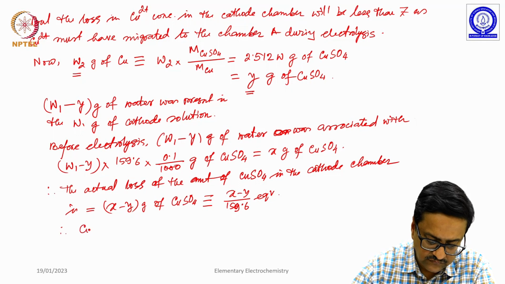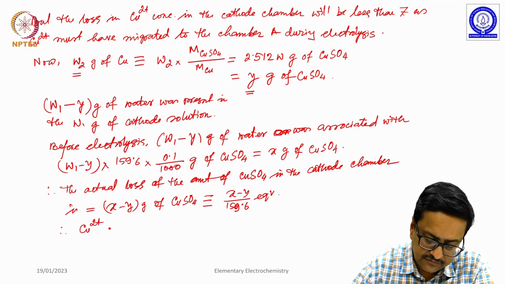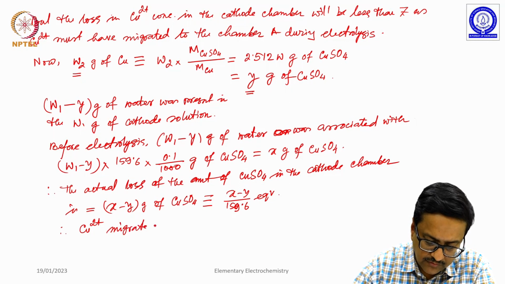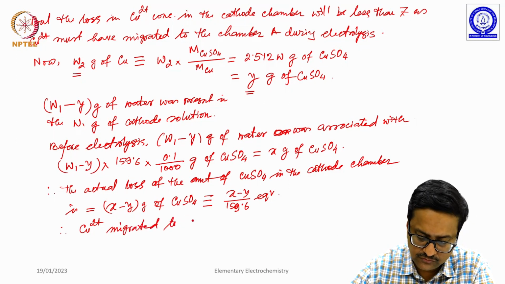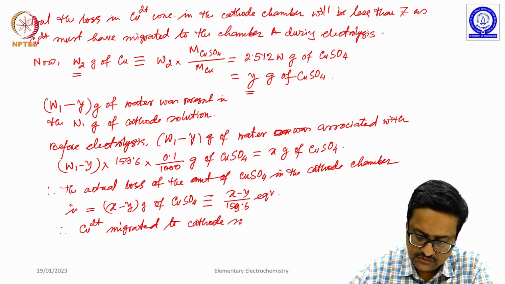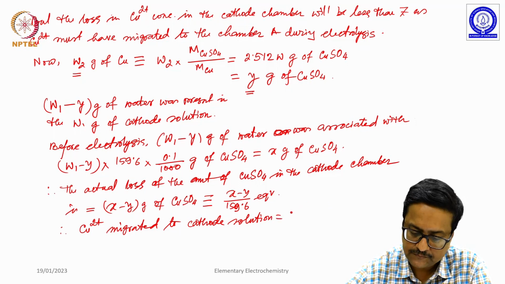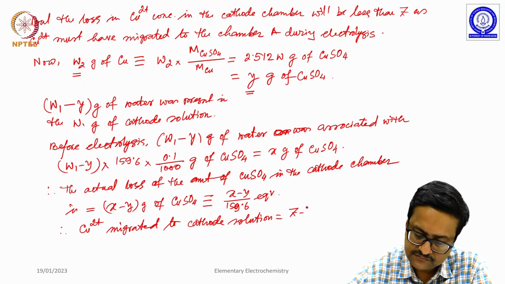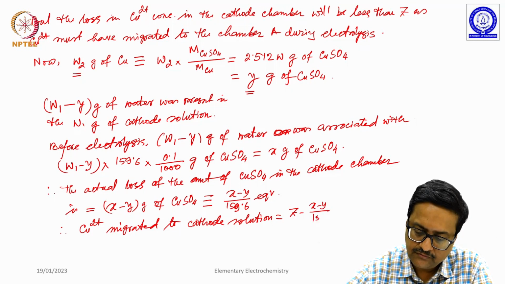Therefore, Cu2+ migrated to cathode solution during electrolysis is nothing but Z minus (x minus y) by 159.6 equivalents.